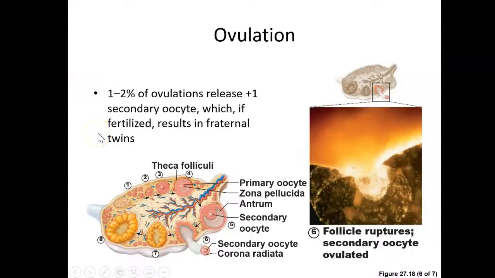Once ovulation occurs, the ovary wall will rupture and expel that secondary oocyte. If fertilized, it will release one, hopefully. If fertilization occurs, the egg will eventually embed itself into the uterine wall.